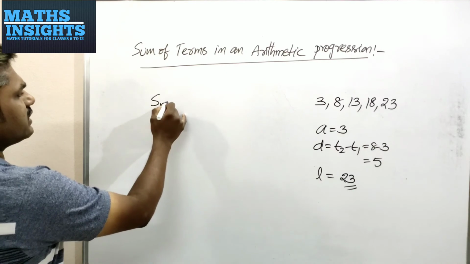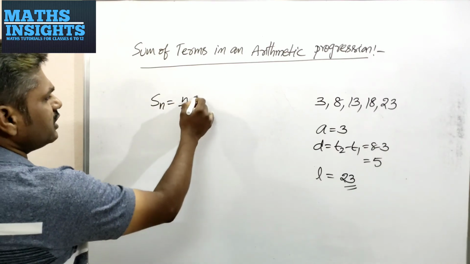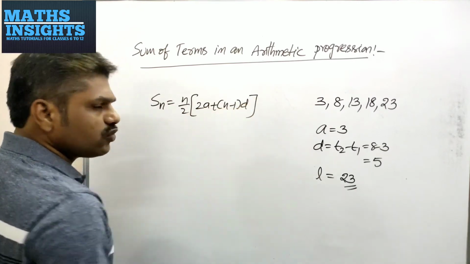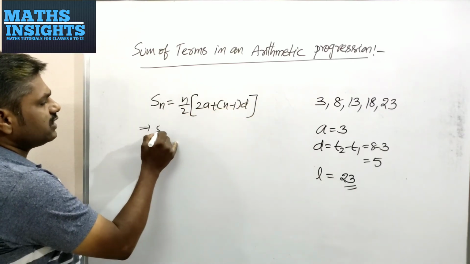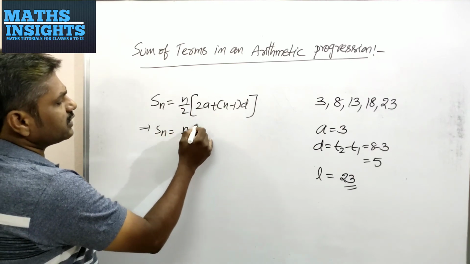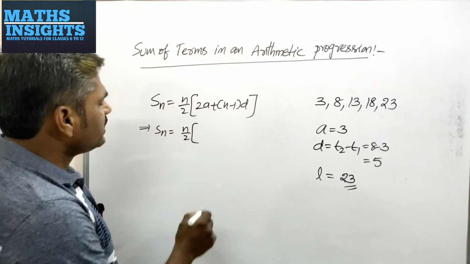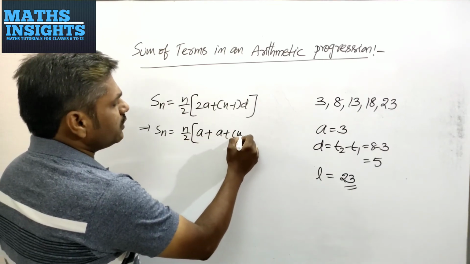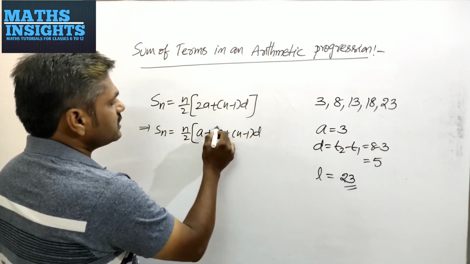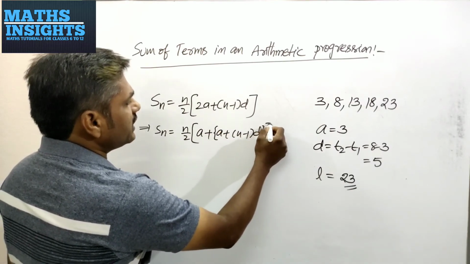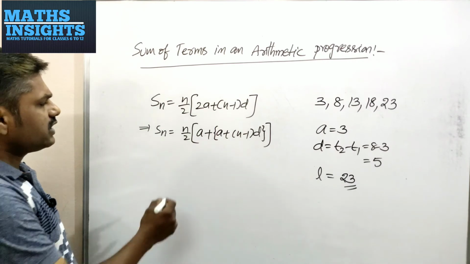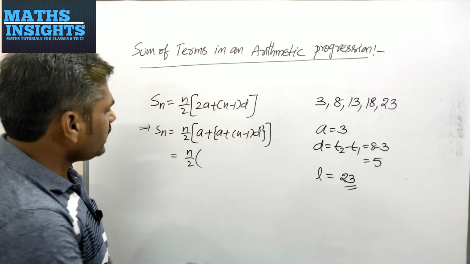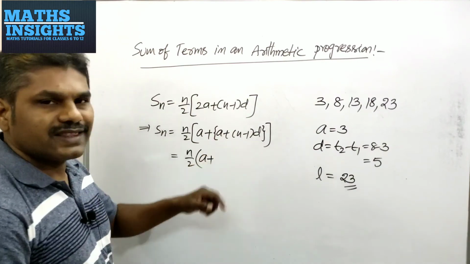By using Sn, the sum of n terms, n by 2 into 2a plus n minus 1 into d. You know this formula. In this, I will rewrite something. 2a may be written as a plus another a, plus n minus 1 into d. I am just rewriting it, nothing else. So n by 2 into a plus, this is the nth term.